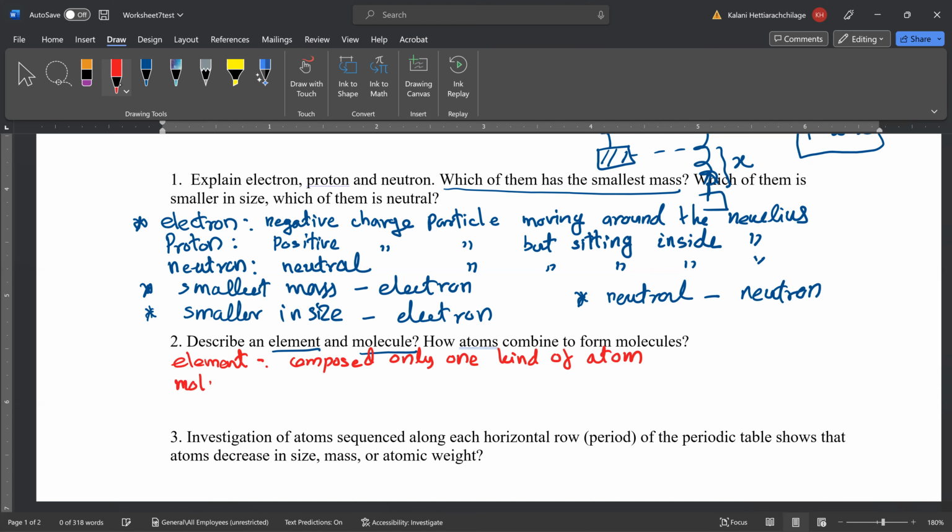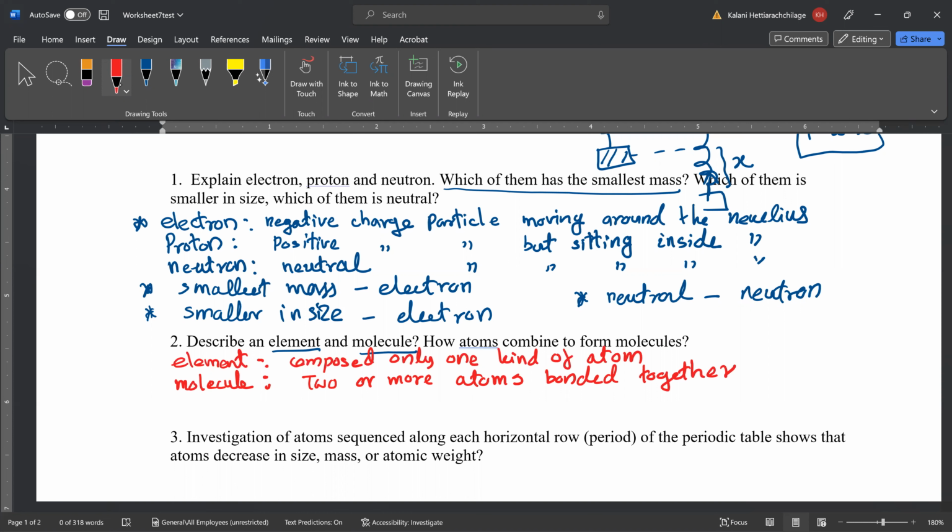And the molecule, I'm going to say two or more atoms bonded together. We call them molecules.